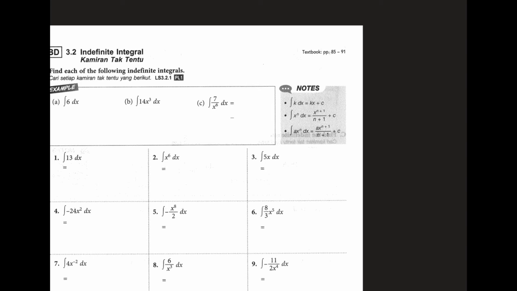Okay, now example. If I integrate 3, I will get 3x plus c. If I integrate half, I will get half x plus c. So something like that. Okay, that's the first formula.